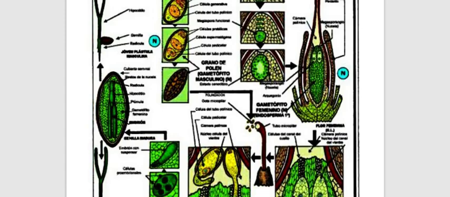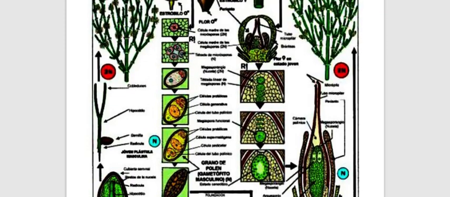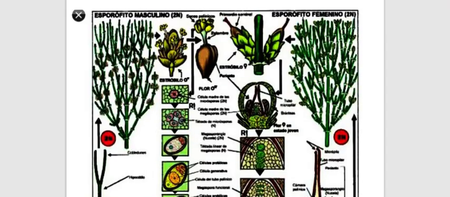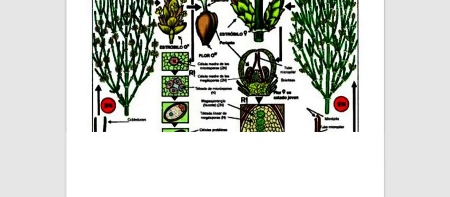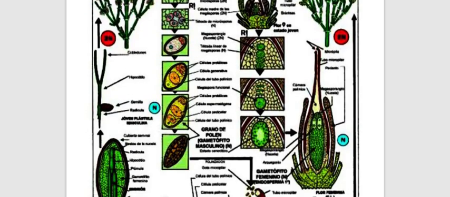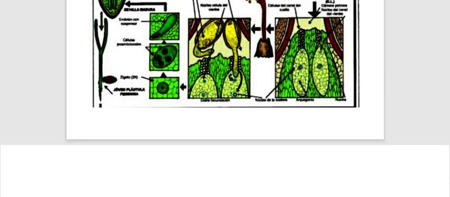I think you have understood well the life cycle of Ephedra through this detailed diagram, and the description of this detailed diagrammatic life cycle is mentioned here in Spanish. You have studied in detail, so you can translate and name the parts of all these diagrams yourself.